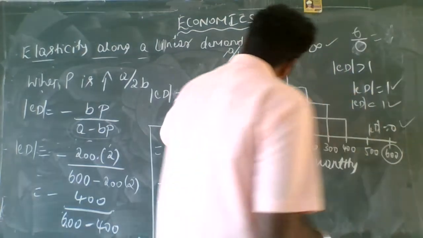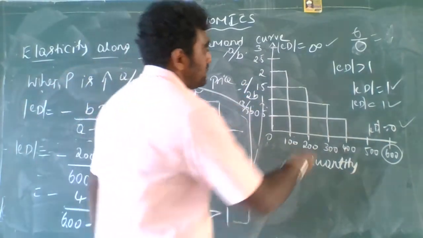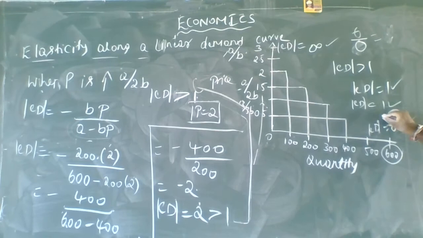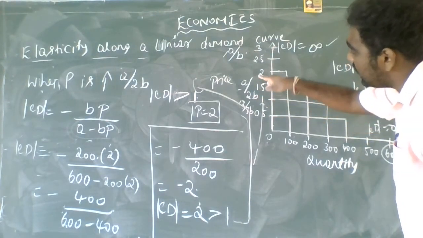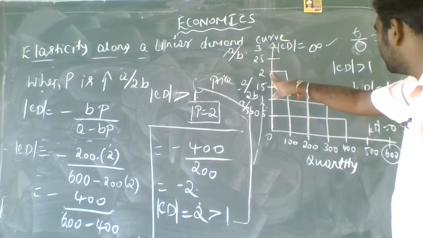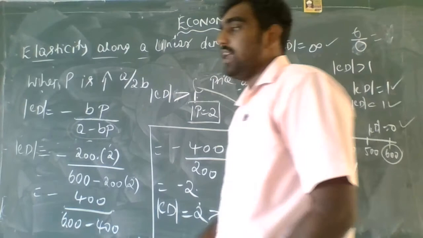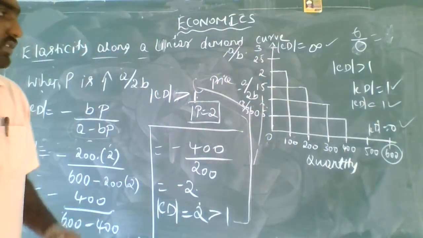When the price is more than 0 and less than 1.5, at price 1, the elasticity of demand is lesser than 1, and when the price is more than A divided by 2B, that is more than 1.5, that is 2, elasticity of demand is greater than 1. So these are the 5 conditions we satisfied, guys.